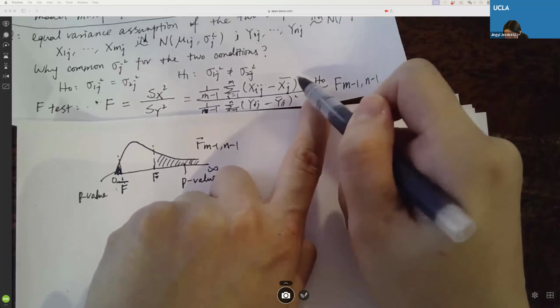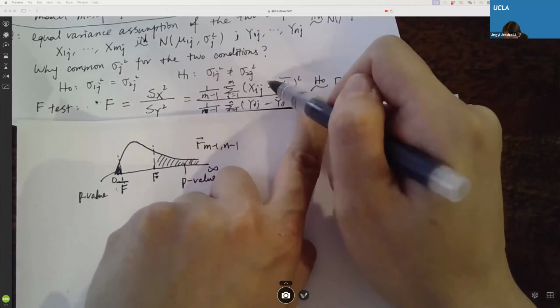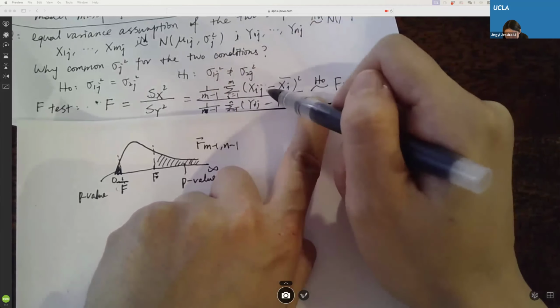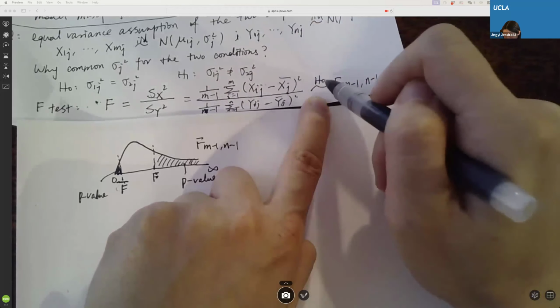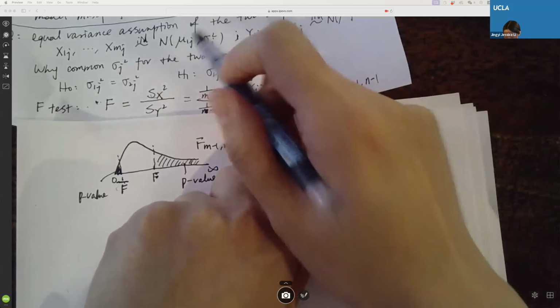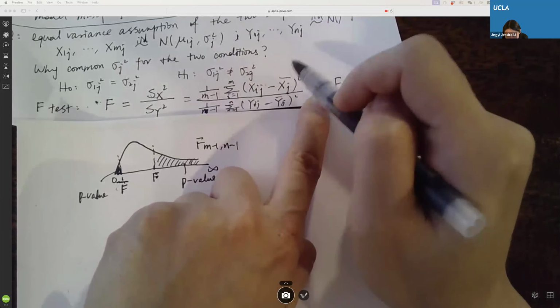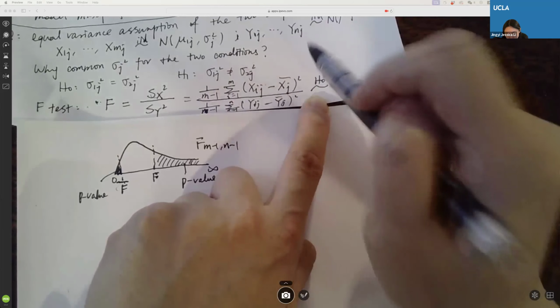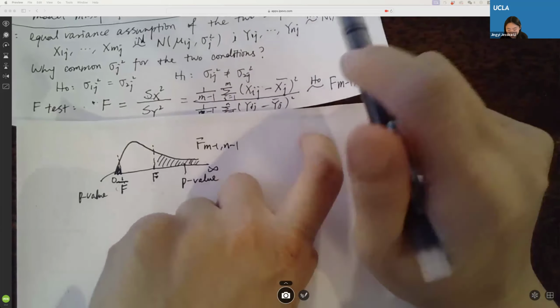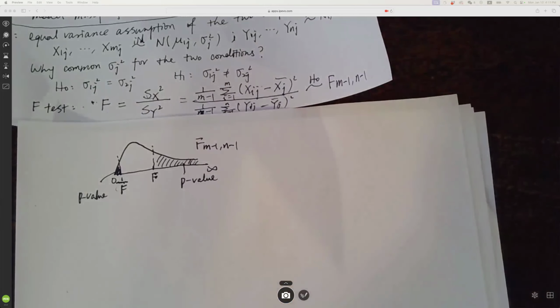And to have standard normal random variables, we need to divide by sigma j squared, both numerator and denominator. But the thing here is that since under the null hypothesis, the sigma j squared is the same for both samples, we can cancel it out. So that's why in the F statistic ratio, there's no sigma squared. That's my answer to your question, if my understanding is correct. Okay, thank you.